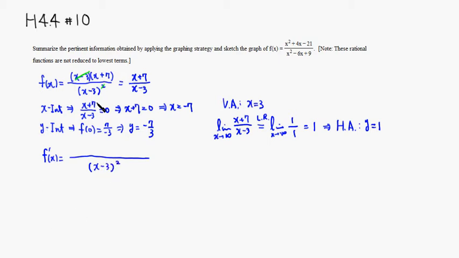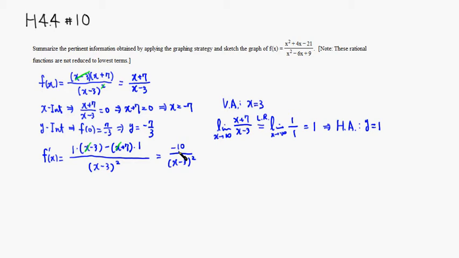Take the derivative of the top, 1, times the bottom, x minus 3, minus top, x plus 7, times the derivative of the bottom, which is 1. This simplifies: x minus x cancels out, negative 3 minus 7, so it's negative 10 over x minus 3 squared.